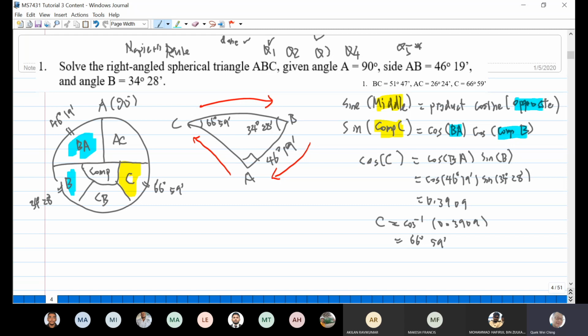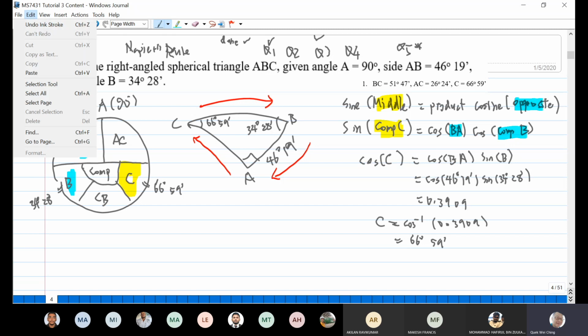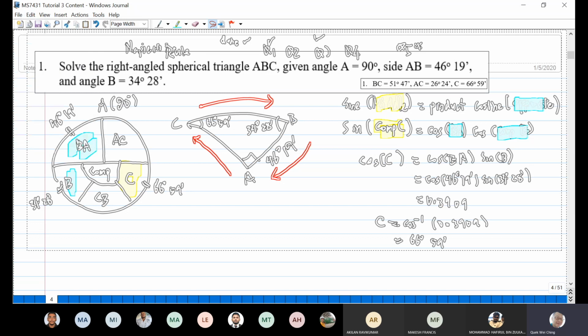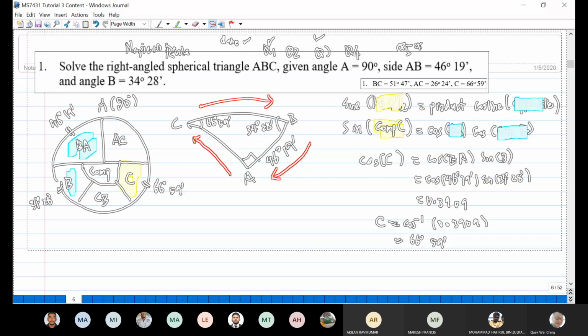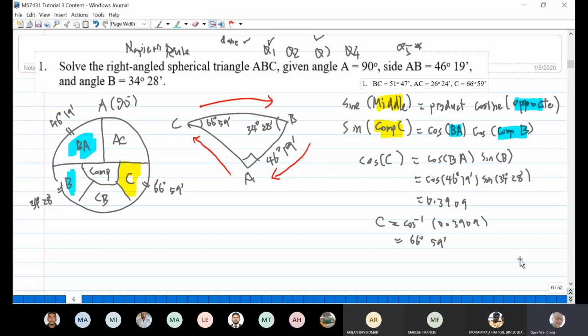Now I want to copy this slide to the next page and move on. So I know C already. Let me select the page here, edit, copy page, and then move on, paste.